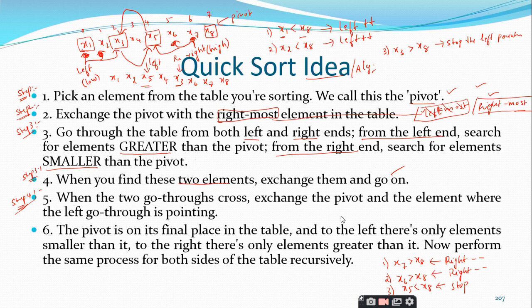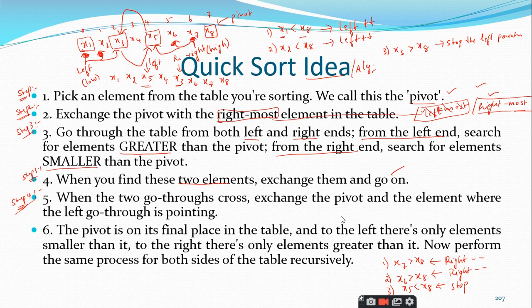When you move on, at one particular situation, you will come across a situation where the left and right pointers cross each other. When this situation happens, you have to exchange the pivot element with the element pointed by the left pointer. This is the case when you are throwing the pivot to the rightmost element.